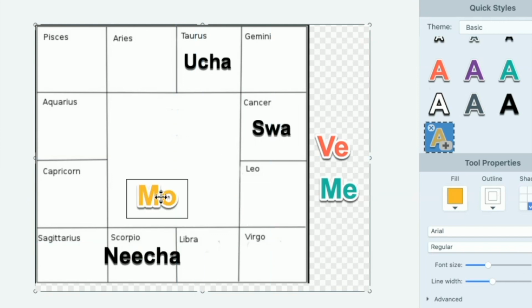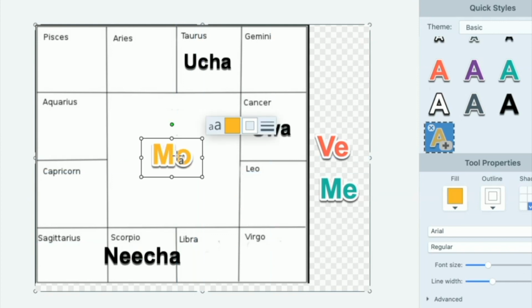And then Moon is debilitated in Scorpio because Moon is already changeable. Moon already changes every day. And the sign of Scorpio is about sudden changes, sudden transformation, things that happen unexpectedly in a person's life.